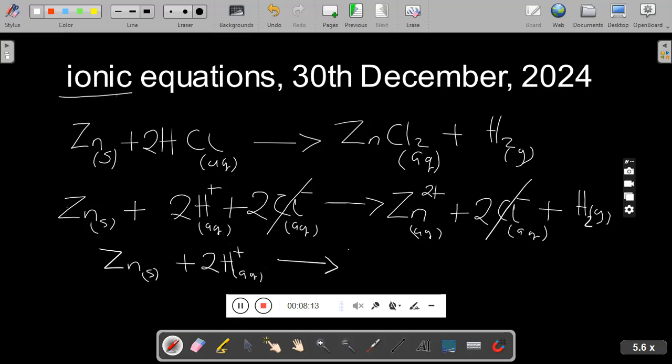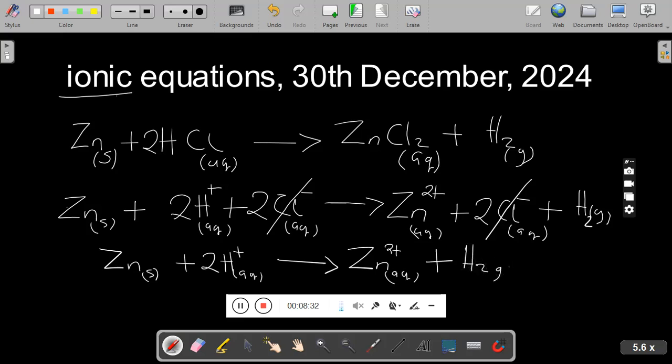So the next is zinc 2 positive ions. Okay, so you can see there is a difference between the zinc we have on the left side and the zinc on the right. Again, this one is not going to be included because it was removed. So the next thing is the hydrogen gas.